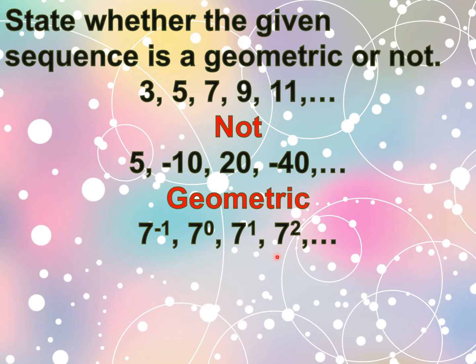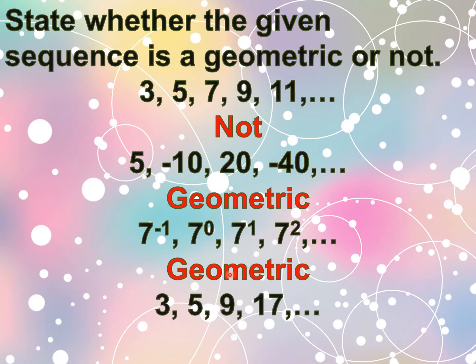Since nagmumultiply lang naman tayo sa sarili niya, ibig sabihin, ito ay geometric sequence kasi ang ating common ratio ay 7 or yung base niya mismo.